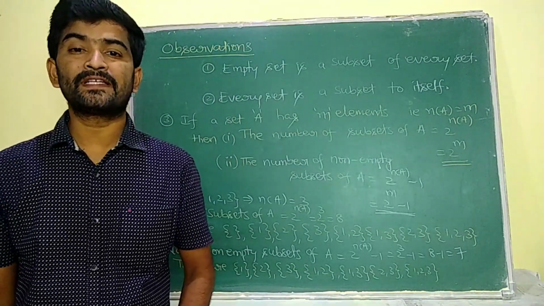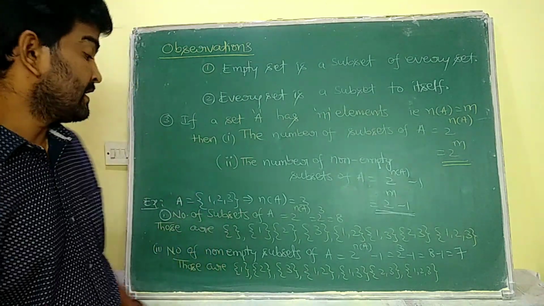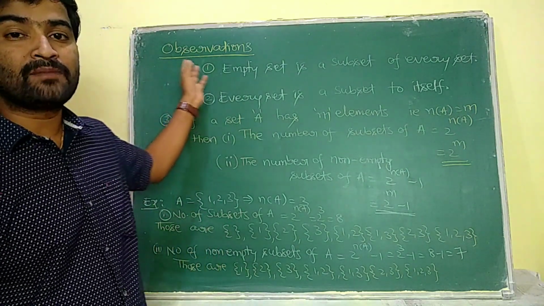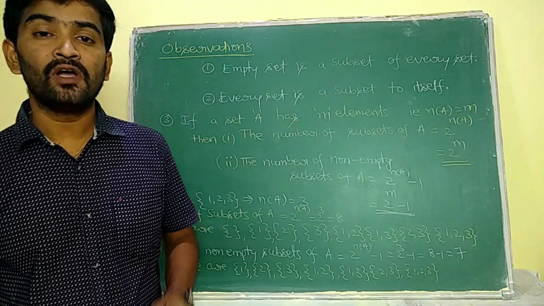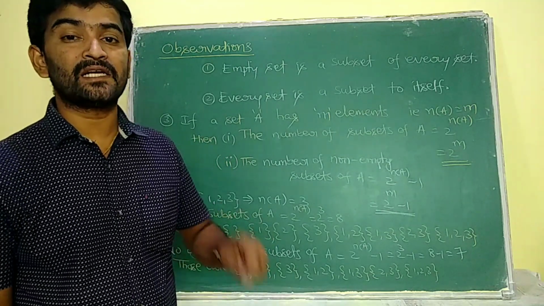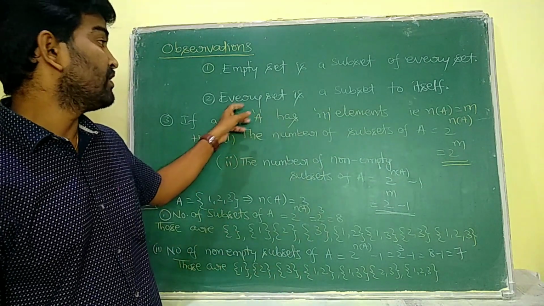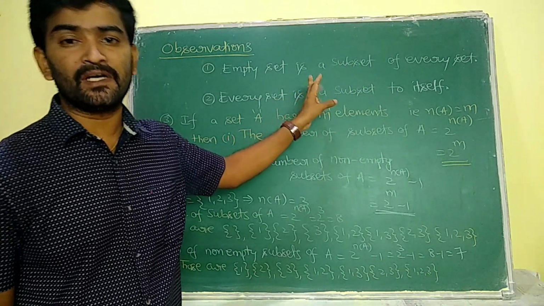Now we will discuss the observations in the subset concept. See here we observed that empty set is a subset of every set, and also we observed one more point. The set itself is a subset for the set. So every set is a subset to itself. These are the 2 main points we observed.